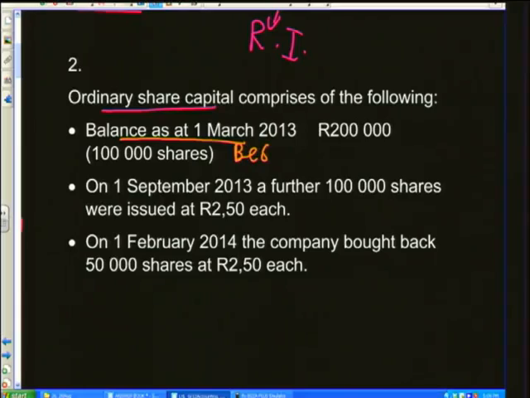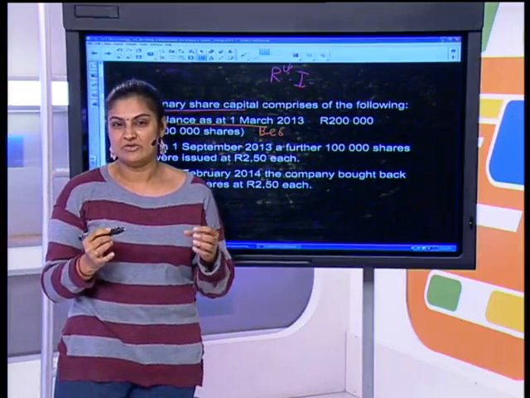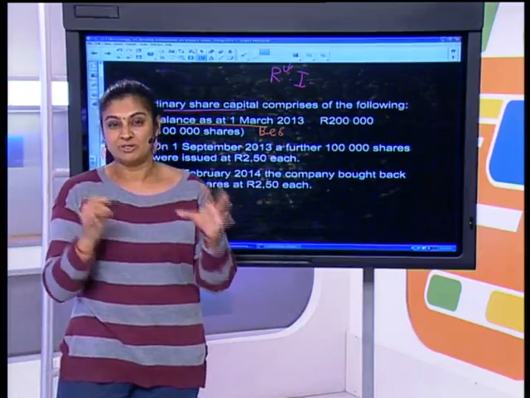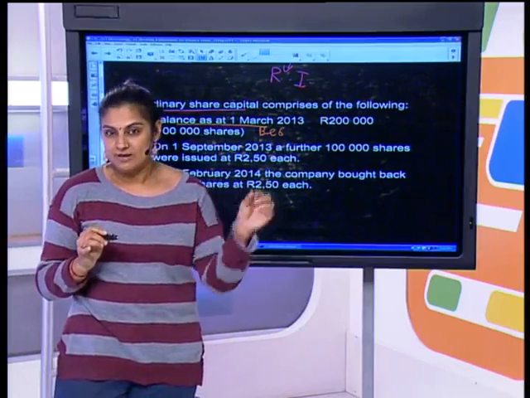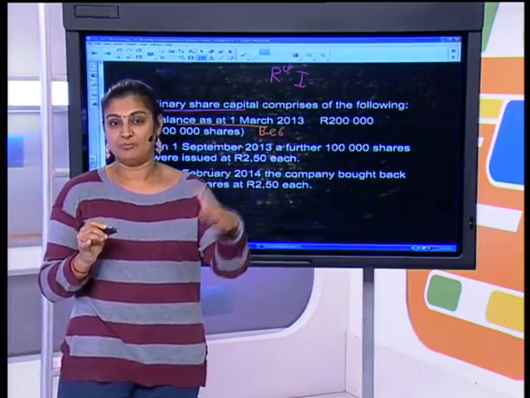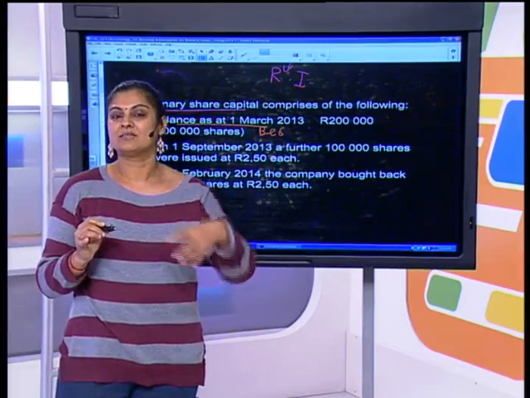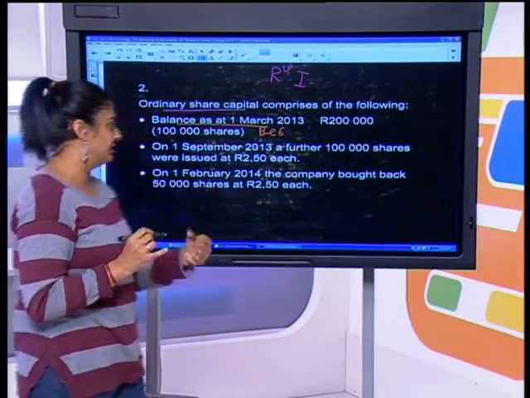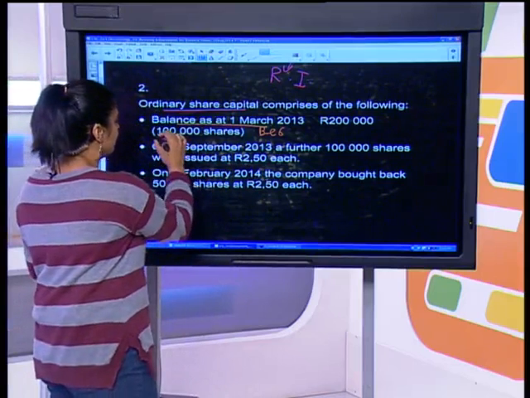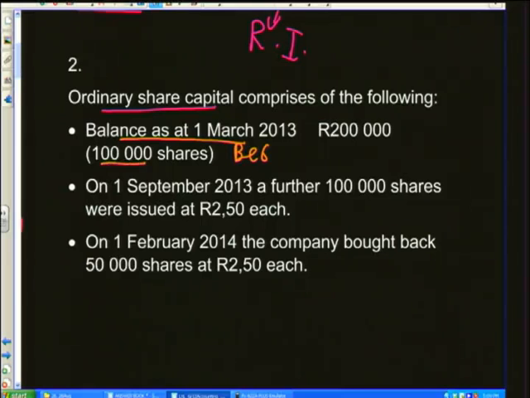Now remember guys, when I'm disclosing this information in my ordinary share capital note, I need the number of shares issued at the beginning of the year as well as the rand value of my shares. So if I read further, the number of shares issued is given to me, 100,000 shares, and the rand value is 200,000. So let's take that bit of information through to our note.